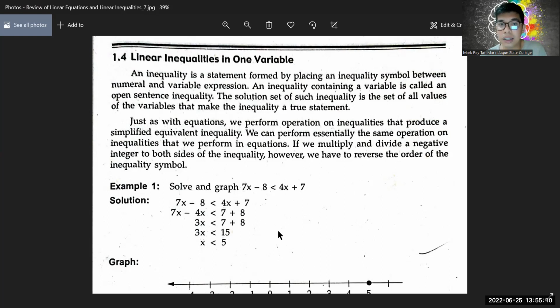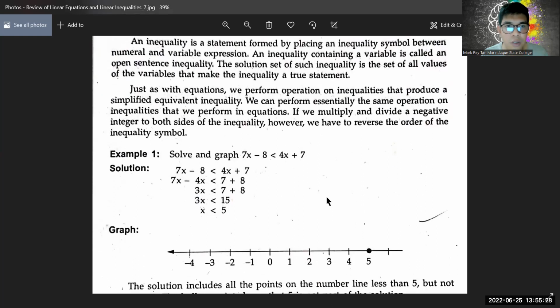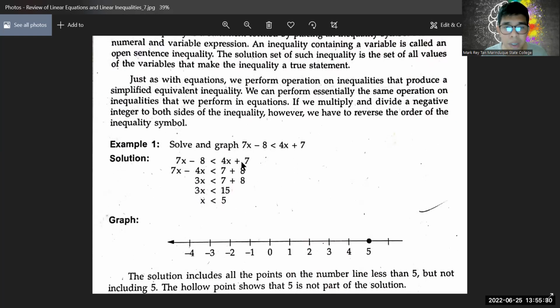It's the opposite na. Kung kanina is negative x is greater than 2, then it's going to be x is less than 2. Ayan. So may example naman dito. Okay, so let's proceed for this first topic now with the first example.